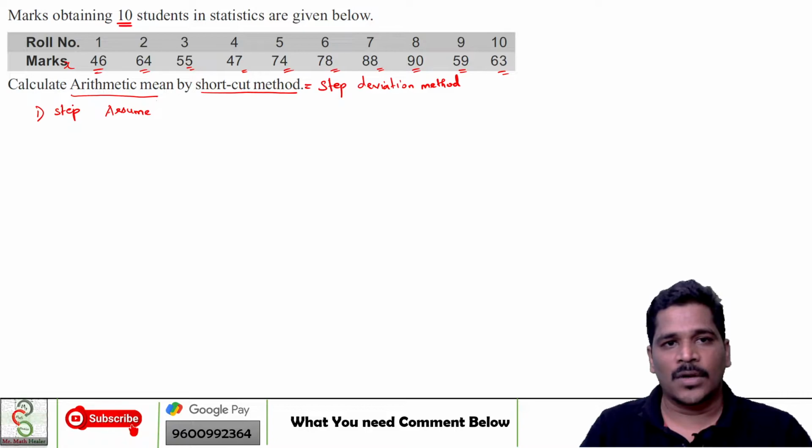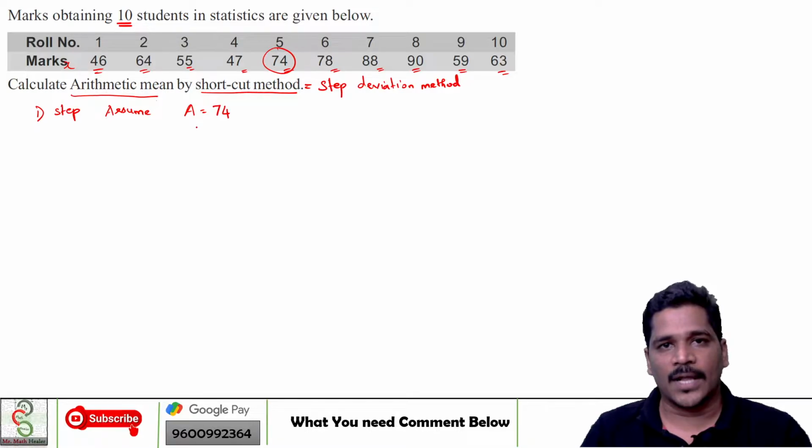You have to consider one number as an assumed number, so you take any number in the middle, by comparing the range. The lowest number is 46 and the highest number is 90. So in between 46 and 90, I'm just going to pick 74. So I assume a value as 74.